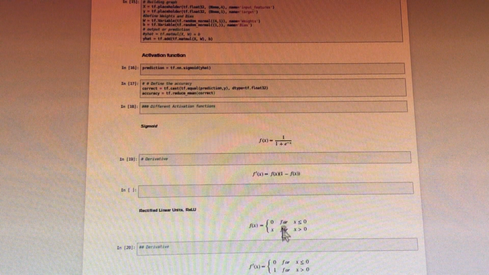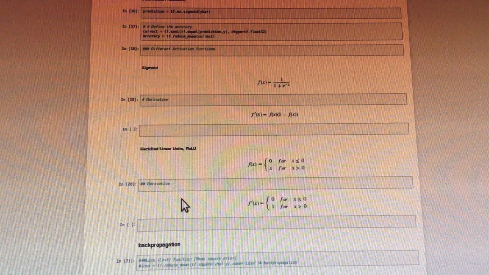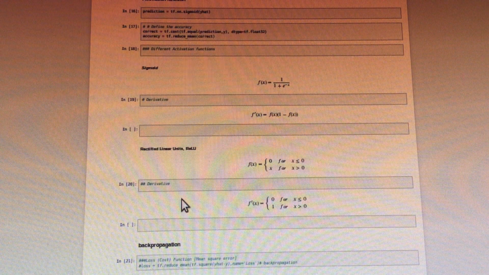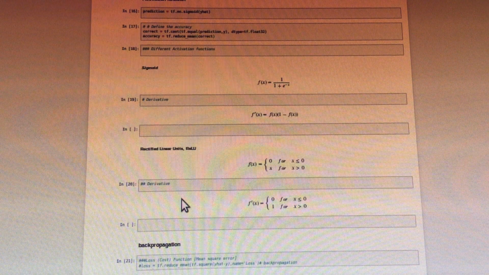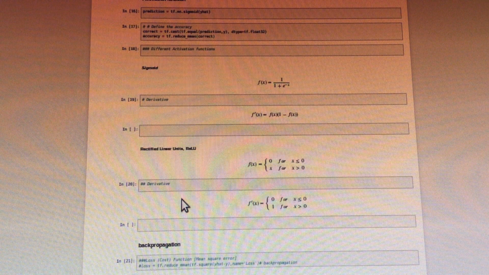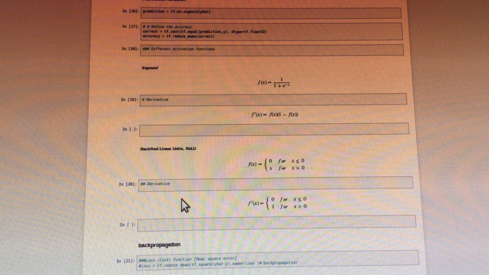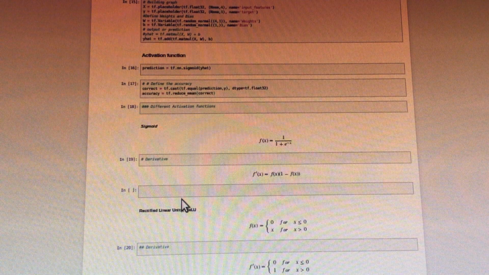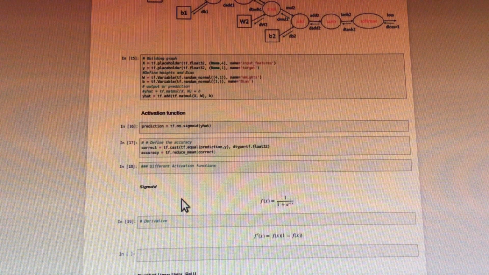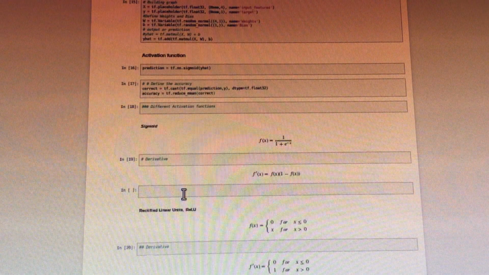The functions are different, and we will take care that those activation functions are used as derivatives for backpropagation.